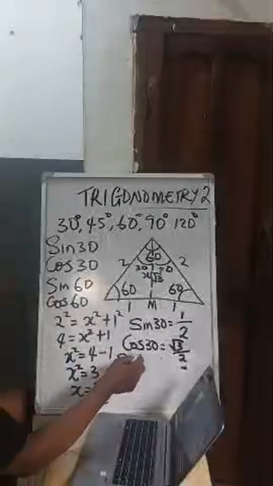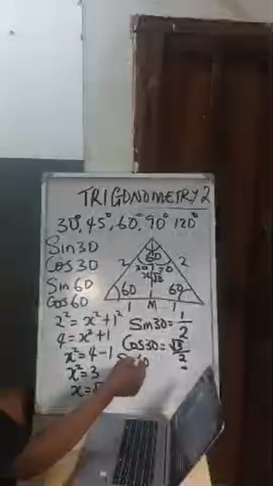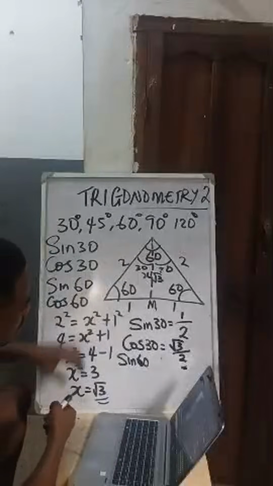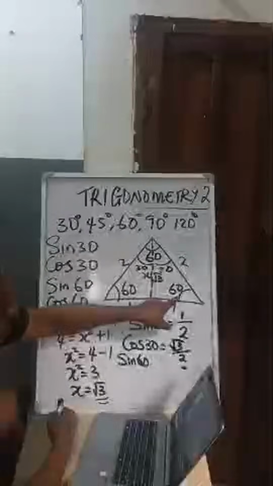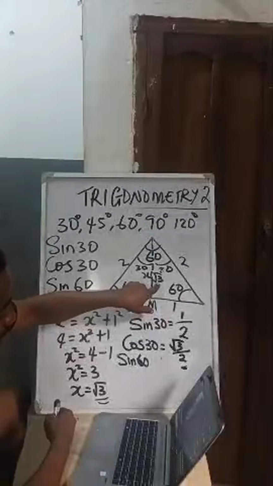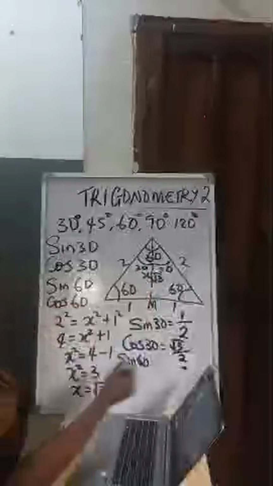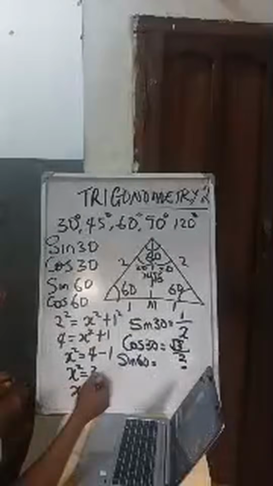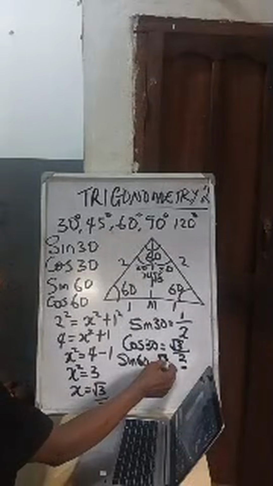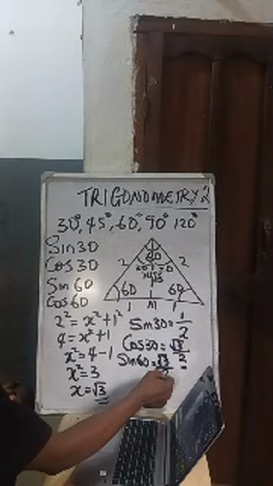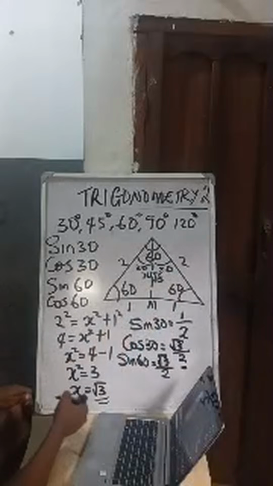Now, let's consider sine 60. Sine 60, therefore, we are considering this. And opposite is now root 3. So sine 60 is equal to opposite, root 3, over hypotenuse 2.